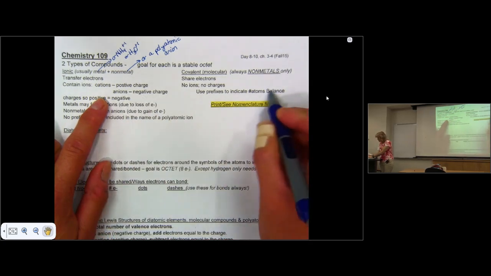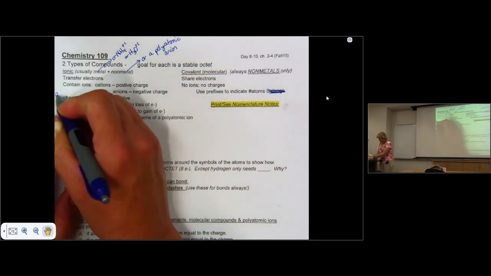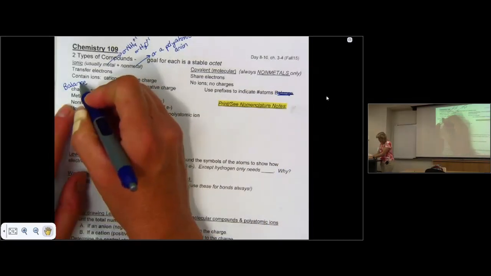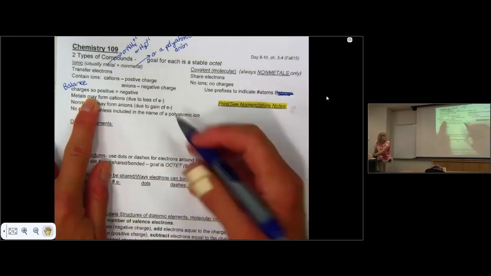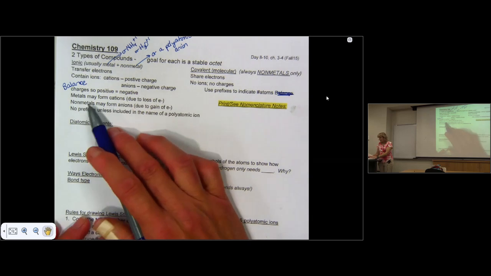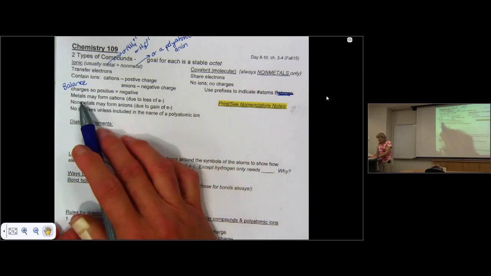Which means we have to balance charges, so the positive equals the negative. A lot of today we've spent talking about what these 2 things say.